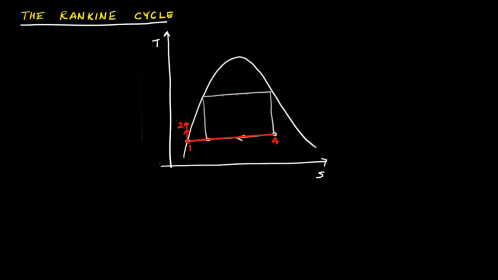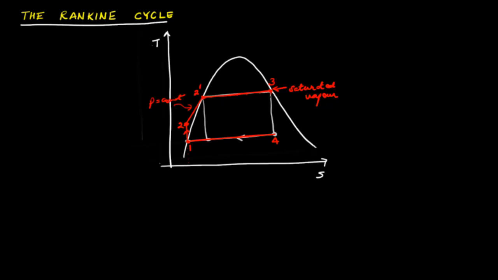Thereafter, we have a subcooled liquid or a compressed liquid at state 2, and this liquid is fed to the boiler and it is heated, and first upon heating at a higher pressure, so this is an isobar at higher pressure, it attains the saturated liquid state at higher temperature and higher pressure, and thereafter heating is continued until we have state 3, which is saturated vapor.